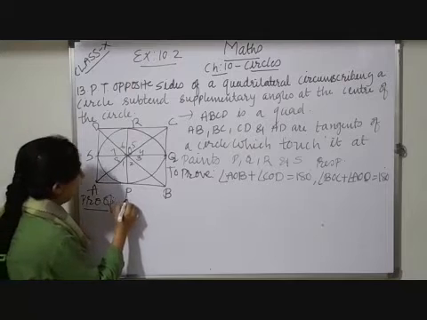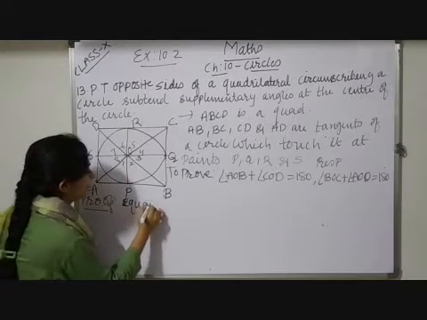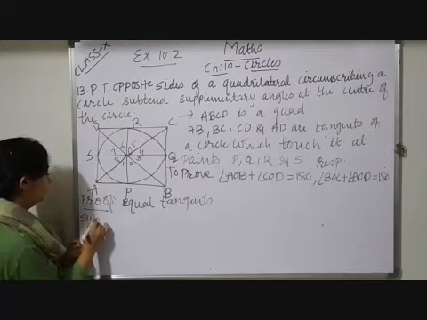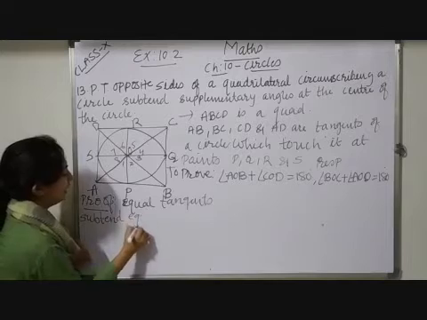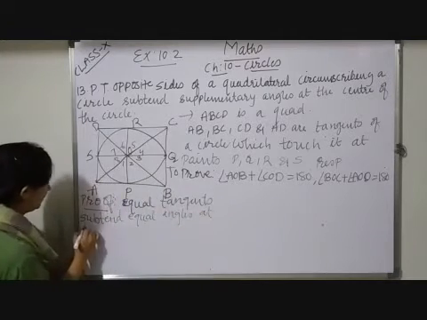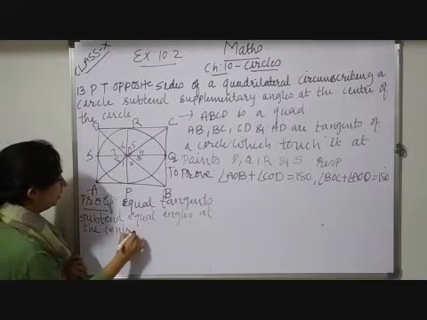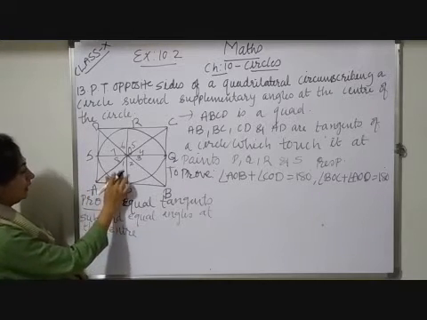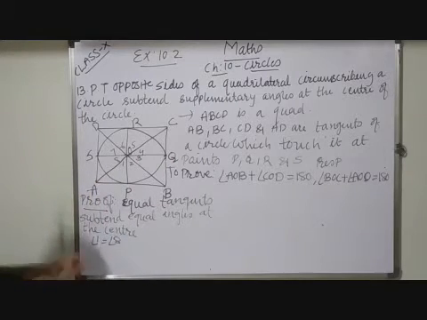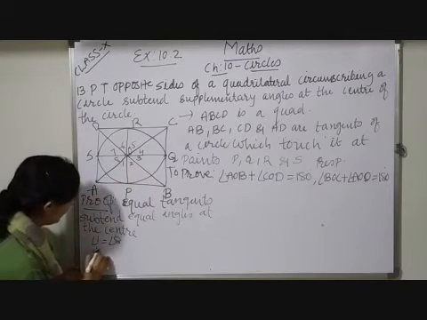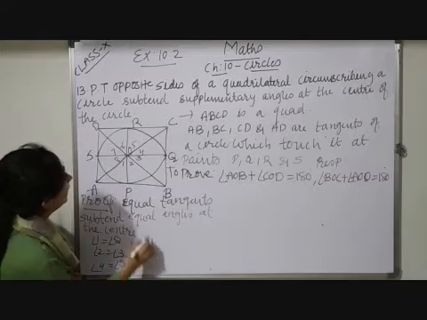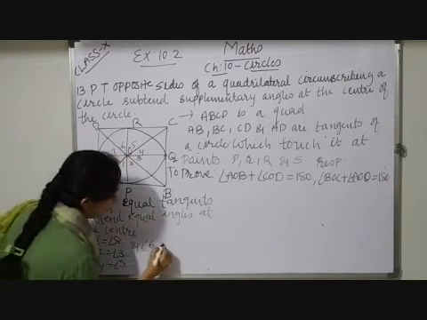So here I can write equal tangents subtend equal angles at the center. So I can write angle 1 equals angle 8. One more thing, here angle 2 equals angle 3, angle 4 equals angle 5 and angle 6 equals angle 7.